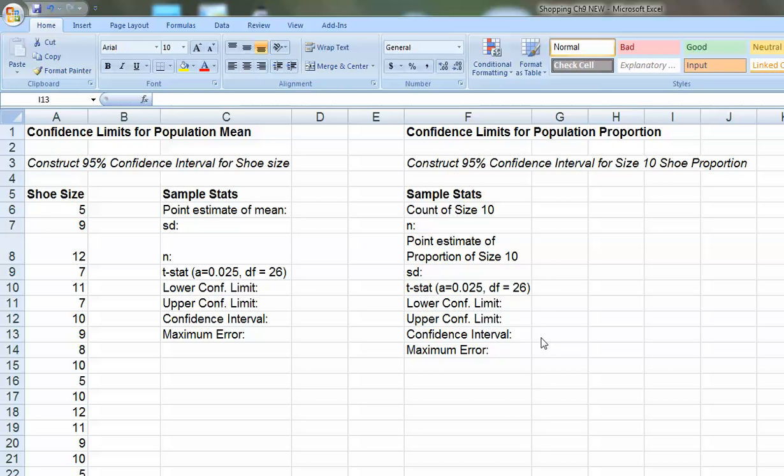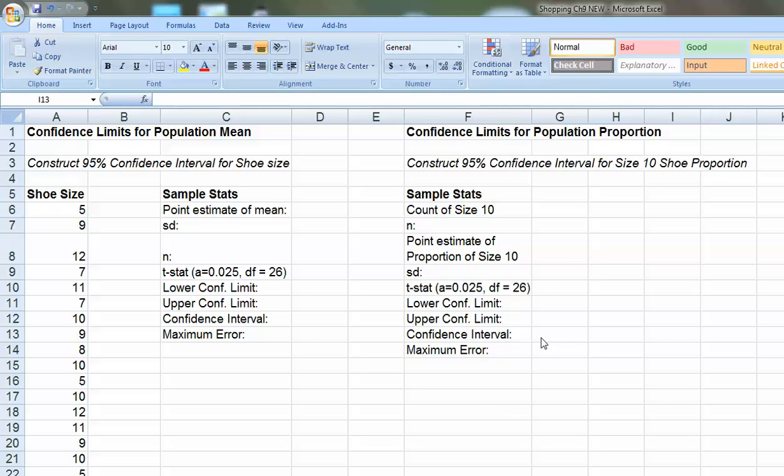This is the much more common equation, and this is the one that we will be using in our work. In this case, we're not going to know what the population standard deviation is. We're going to have to use a sample standard deviation.